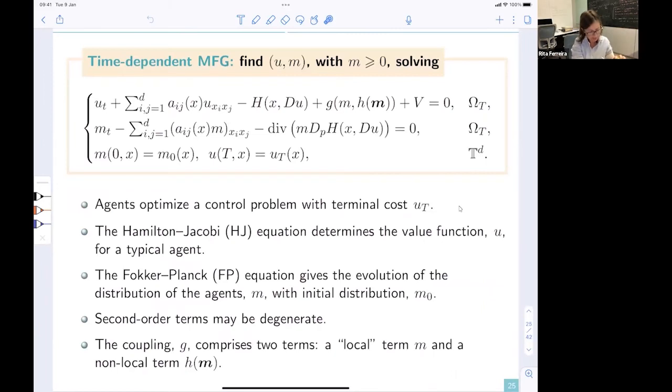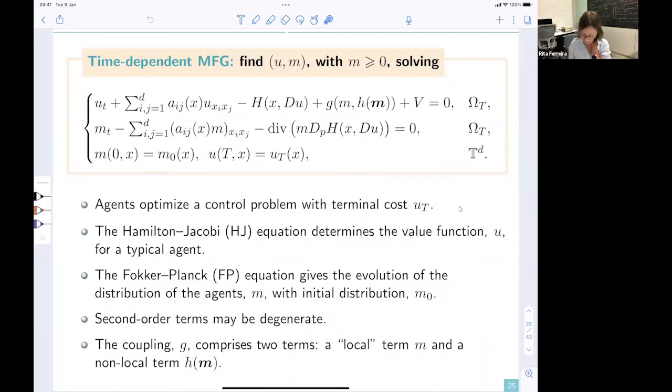So here I'm repeating the interpretation of these mean field games. Agents optimize a certain control problem with the terminal cost UT. This is the meaning of UT. As I said before, the Hamilton-Jacobi equation determines the value function U for a typical agent, while the Fokker-Planck equation gives the evolution of the agents with the initial distribution M0.